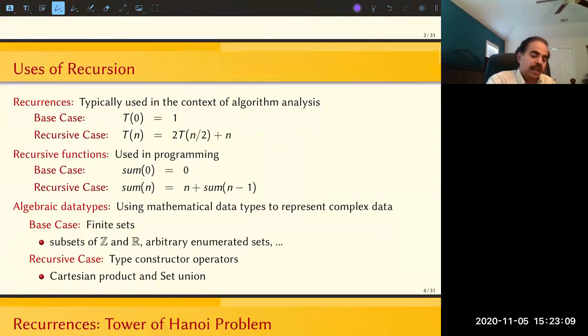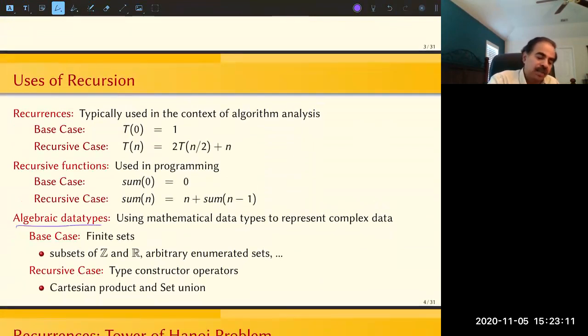So the third application, which kind of goes hand in hand with writing functions, is that often you want to compute on complex data, right? It's not just numbers. Sometimes it is sets, sometimes it's arrays, sometimes it's matrices.